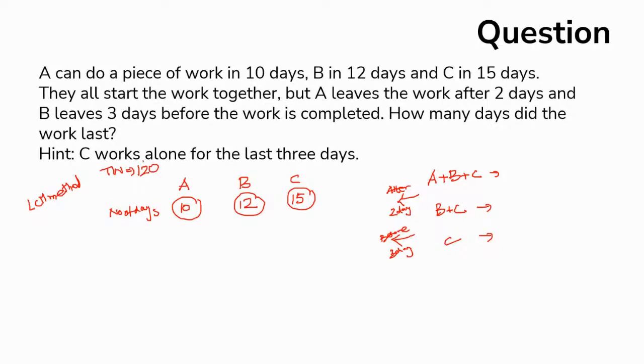Sorry, the value is nothing but 60. So 60 means work done per day. 60 out of 10 is 6 pieces per day, and B can do 5 pieces per day, and C can do 4 pieces per day.